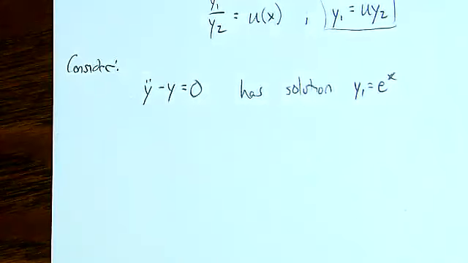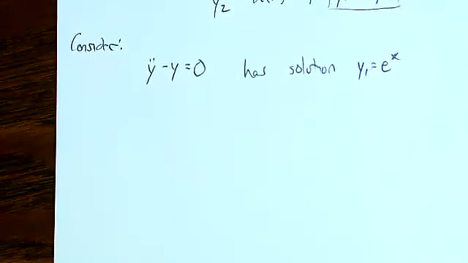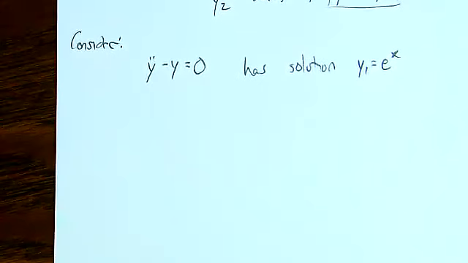But given this information, the legitimate question is, if I'm expecting there to be a second solution, can I find that second solution? Rather than just plugging in a lot of different functions and hoping for the best, let's see what we can find.